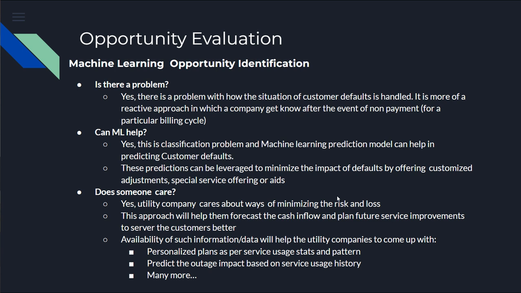So this approach will help companies forecast the cash inflow and plan future service improvements to serve customers better, because they can set some expectation of the cash flow if they know beforehand how many customers may default in a particular billing cycle.